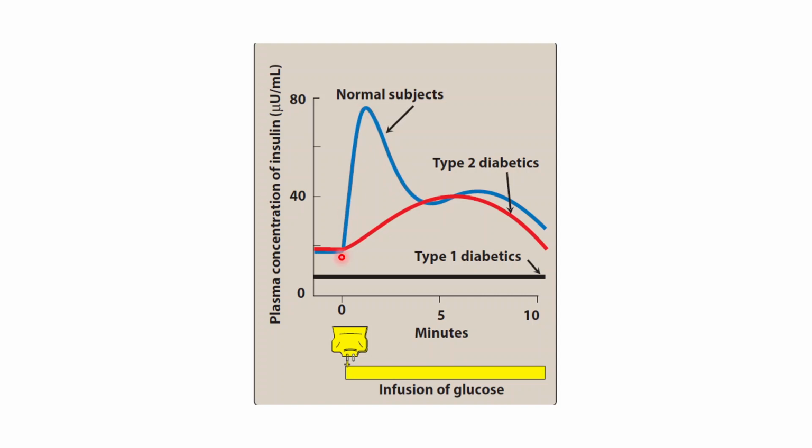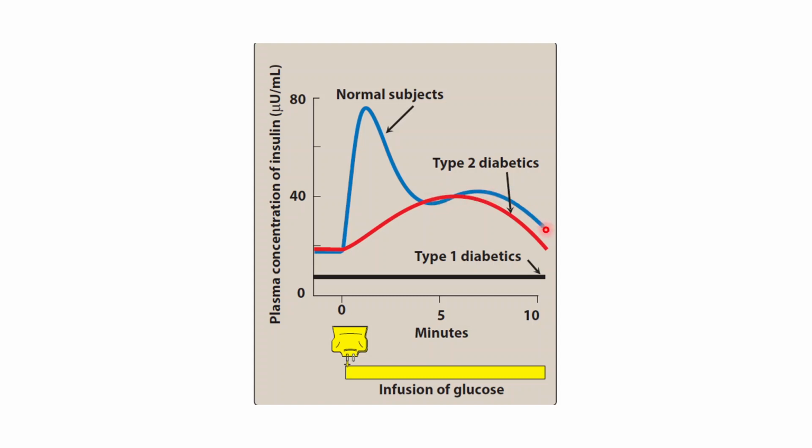So there is no postprandial release. This increase in insulin release is called postprandial, which means after the meal. And the red one is actually type 2, and after postprandial insulin secretion, there is also a second, smaller wave.